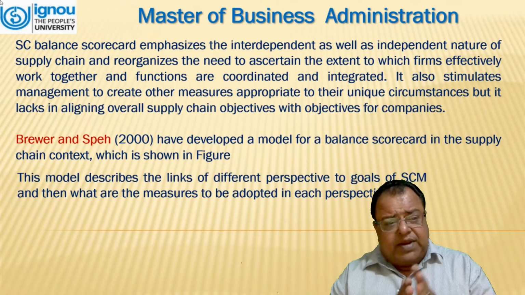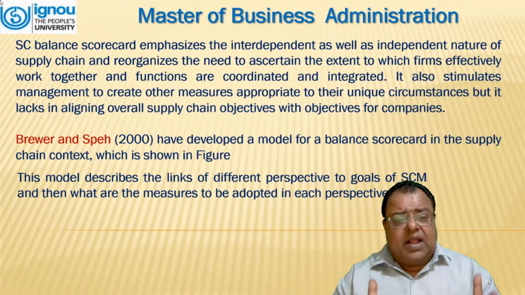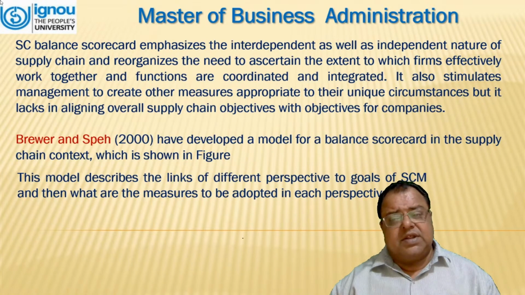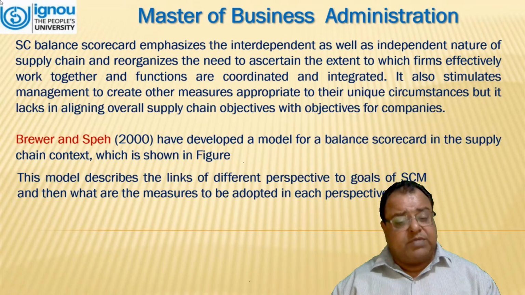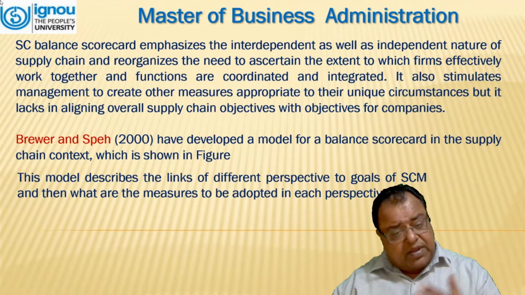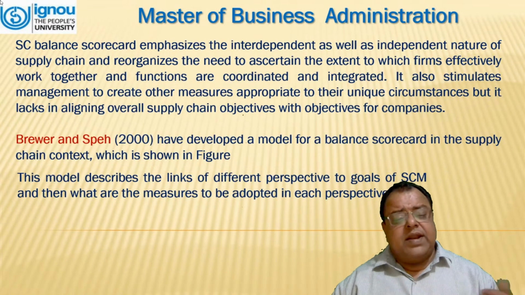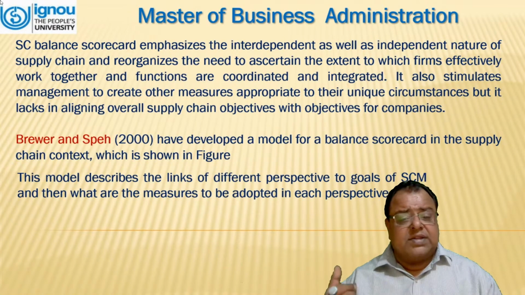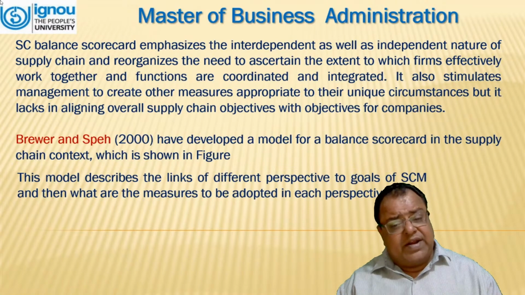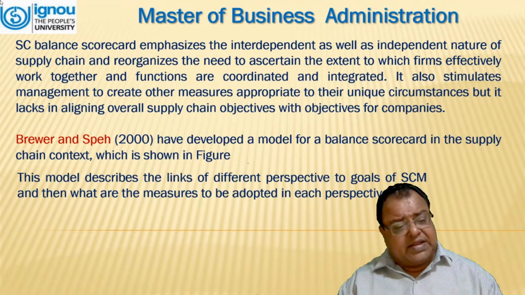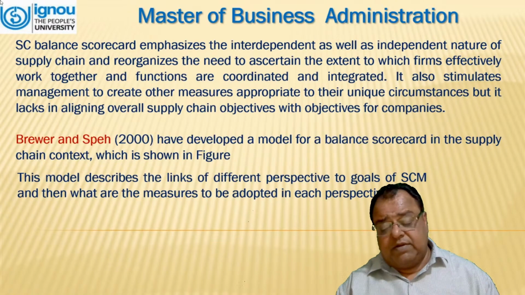It also stimulates management to create other measures appropriate to their unique circumstances, but it lacks in aligning overall supply chain objectives with objectives for companies. Weber and Spain have developed a model for a balanced scorecard in the supply chain context. The model describes the links of different perspectives to the goals of SCM and what measures are to be adopted in each perspective.